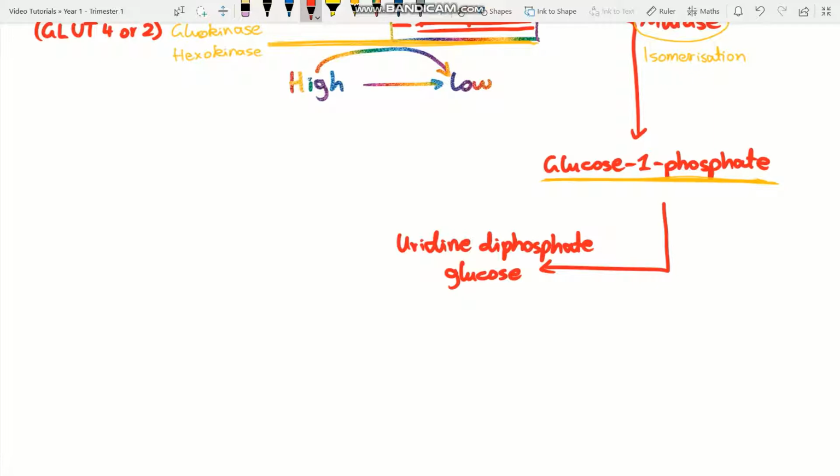And this molecule is very important because not only does it allow for the carrying of this glucose 1-phosphate molecule, but it also allows for the glycogen structure to essentially form. And the enzyme that allows this to occur is called pyrophosphorylase.